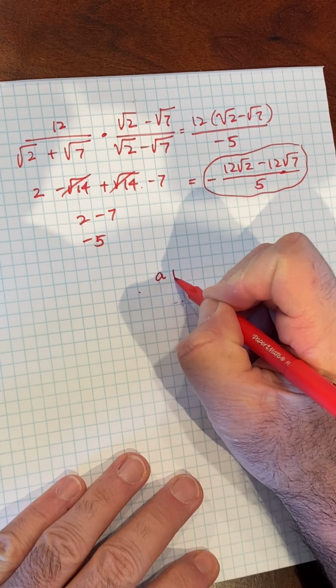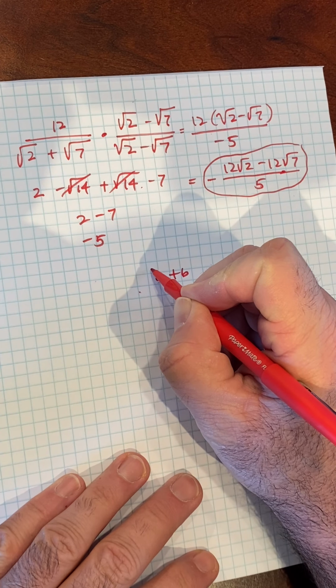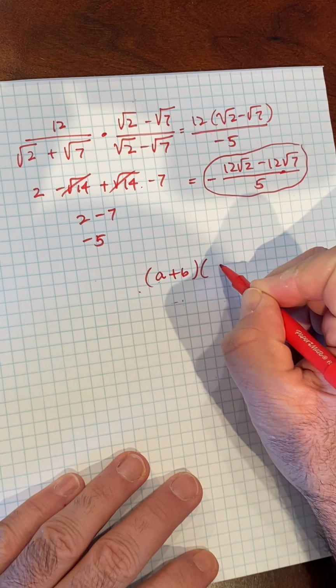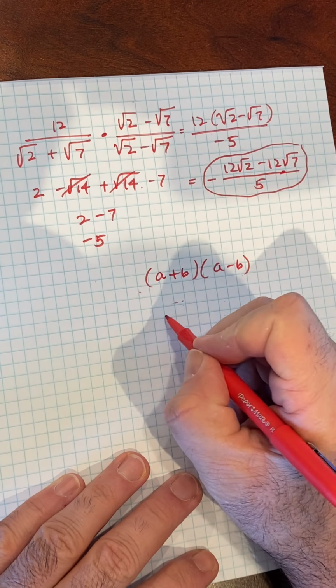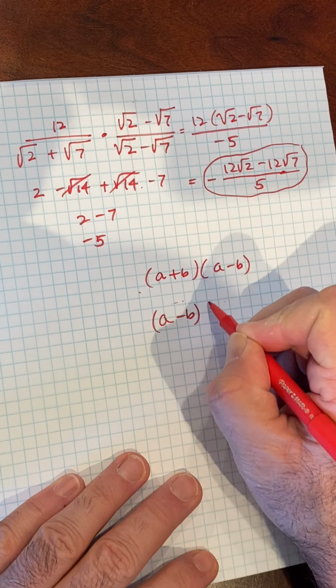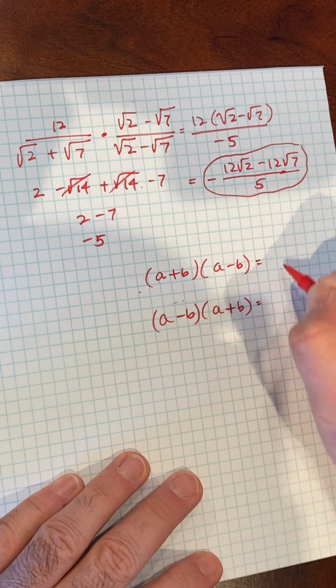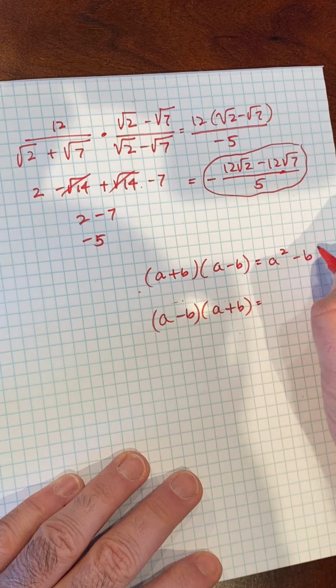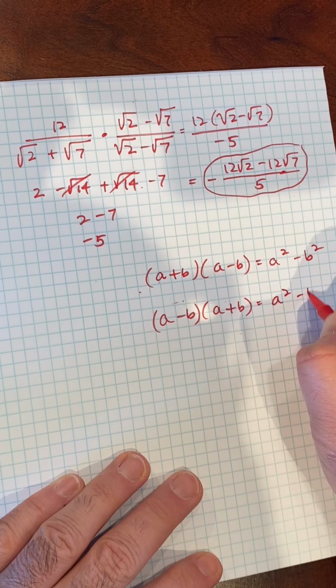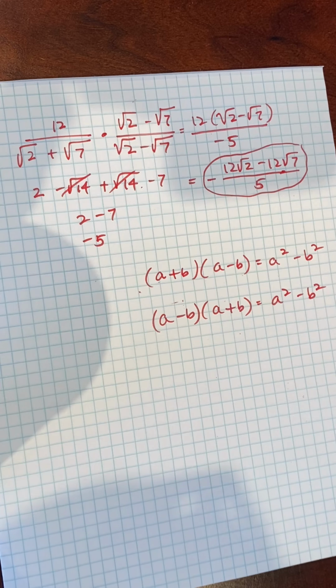If it's a plus b in the denominator, you multiply by a minus b. If it's a minus b, you multiply by a plus b, because anytime you multiply these two together, you end up with a squared minus b squared, which gets rid of, in this case, that radical. Okay, good luck.